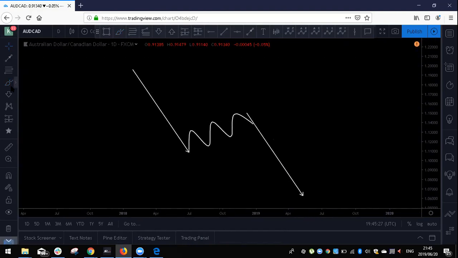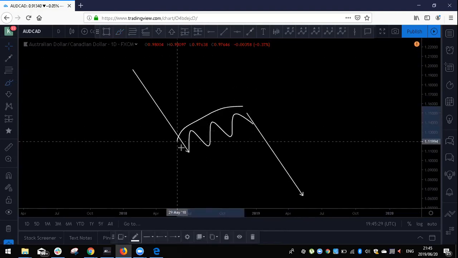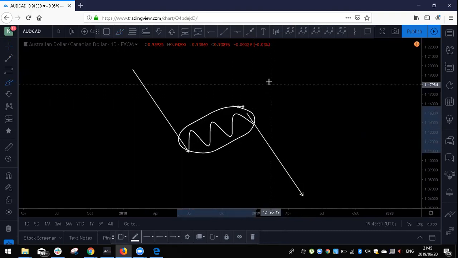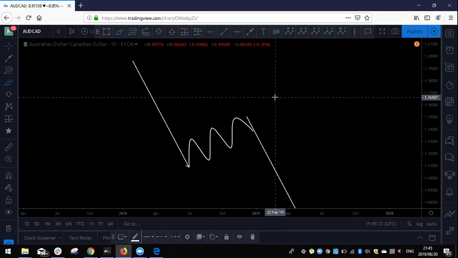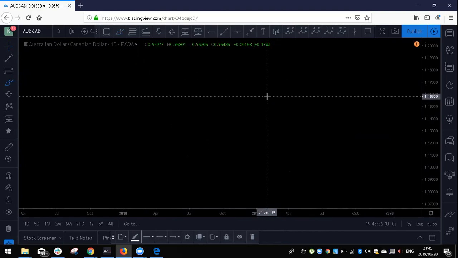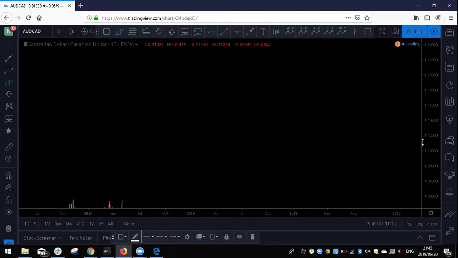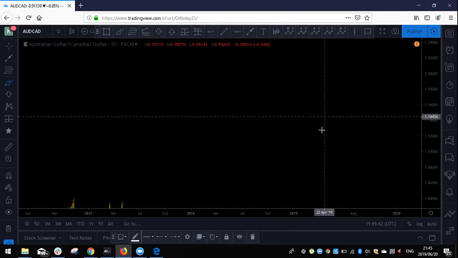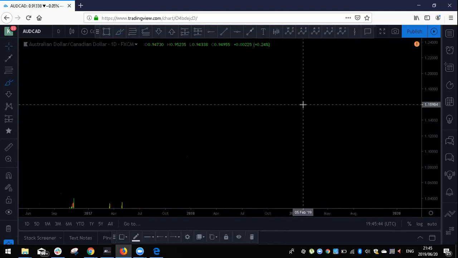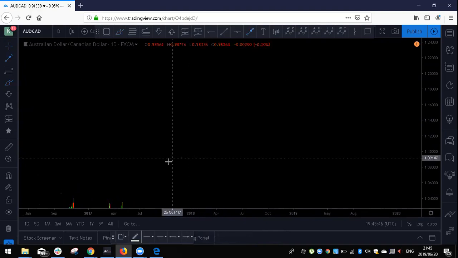But you're gonna need to understand these types of corrections. That is where Elliot Wave comes in. Here's a strategy that works even if you don't understand Elliot Wave.